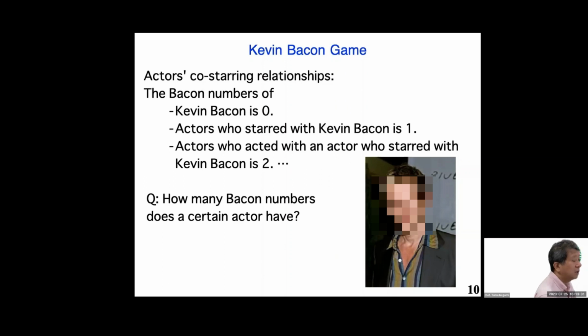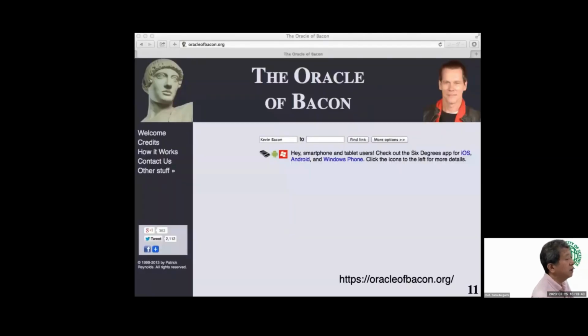So now let's take a quiz. Given an actor or actress, what Kevin Bacon number do they have? To answer this quiz, you can use this page, the Oracle of Bacon. The URL of this page is oracleofbacon.com.